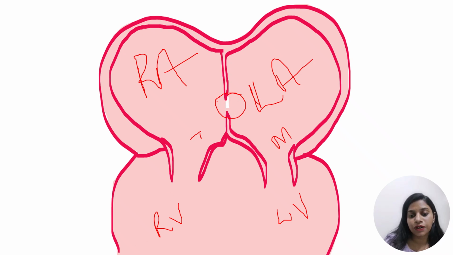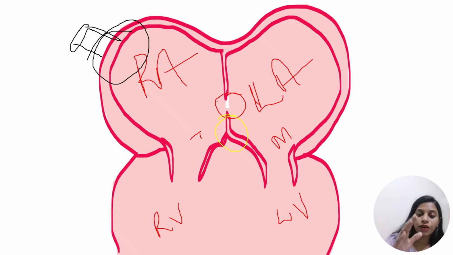If it is an ostium primum ASD, it will happen somewhere here near the atrioventricular valves. And if it is an SVC ASD, the SVC is draining into the right atrium, so the defect will be happening somewhere here, the portion where the SVC joins the right atrium. If the defect is happening in that location, that is called a sinus venosus defect.